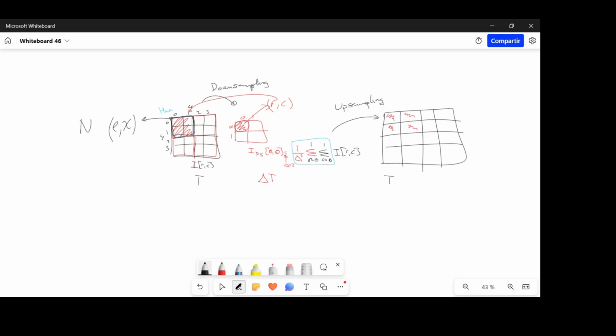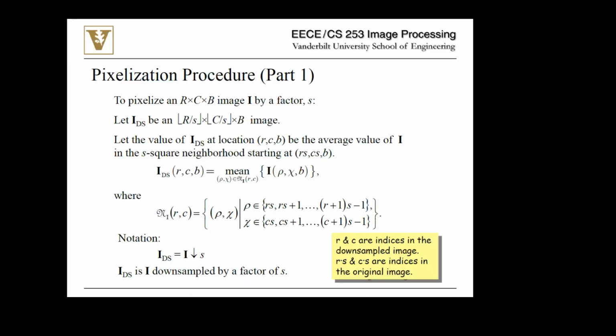This is the set of coordinates, and now we are computing the mean of the image over that set.